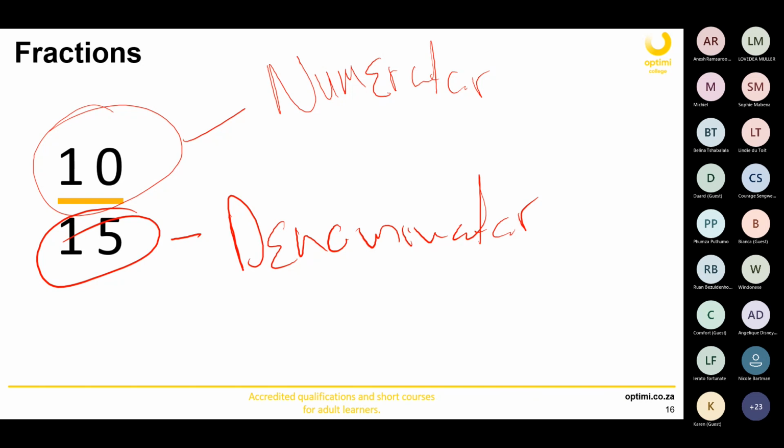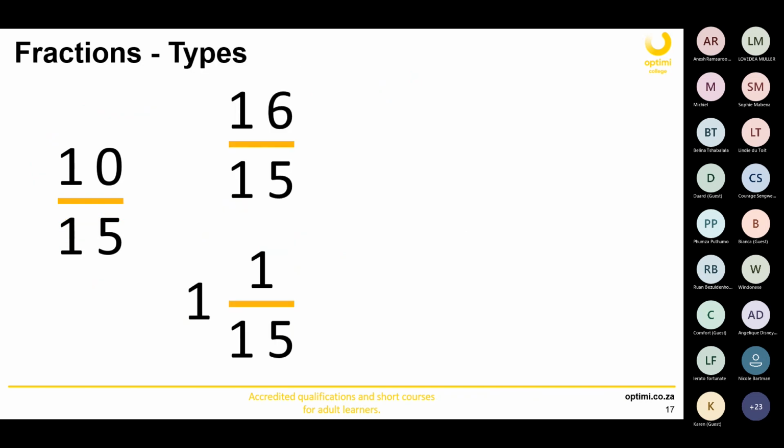Okay, great. Here we have three types of fractions. The first one, where the numerator is smaller than the denominator, is called a proper fraction.